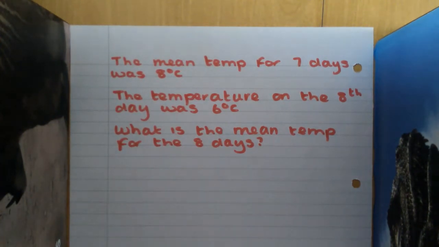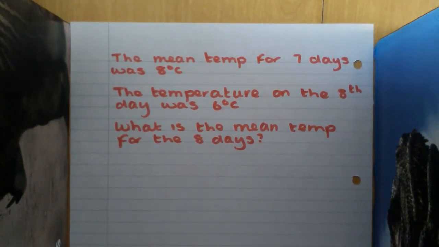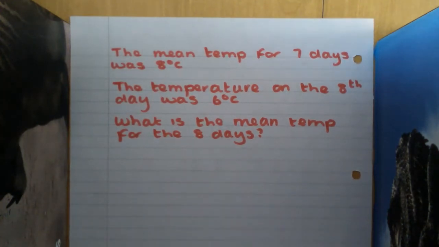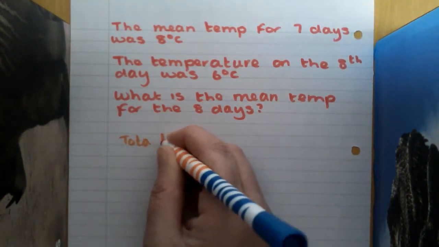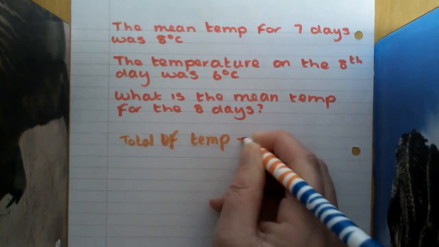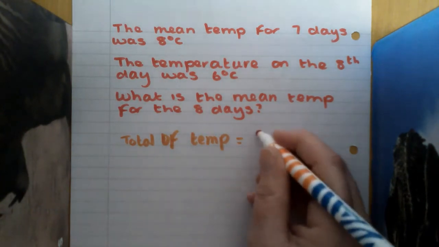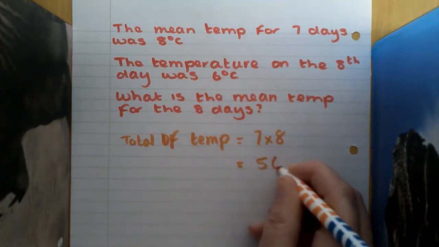Okay, to work out the mean, what I need to do is again to work out totals. So if I know the mean temperature for the first 7 days was 8 degrees C, the total of the temperatures is going to be equal to 7 times 8, just like we did in the first question. So 7 times 8 is 56.